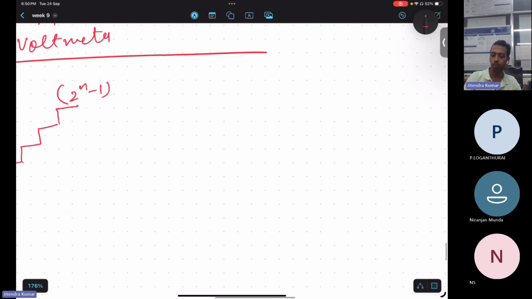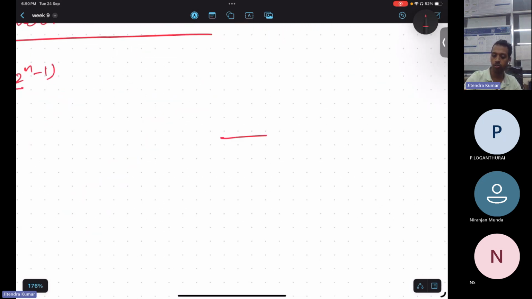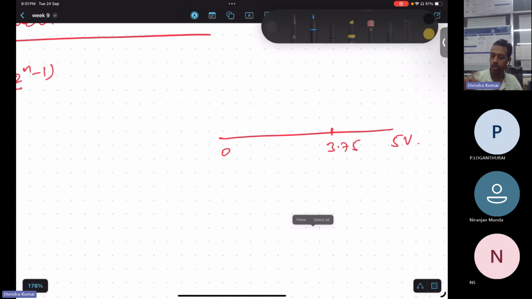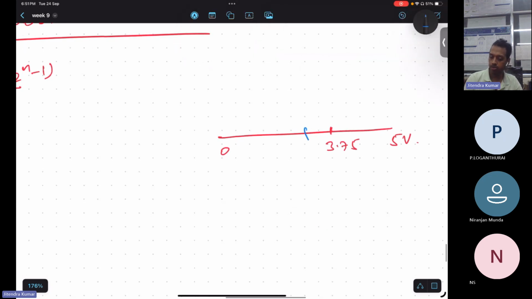Let us suppose we have the range of 0 to 5 volt and we have to measure 3.75. First it will halve the range, so it will be 2.5 on the first clock.